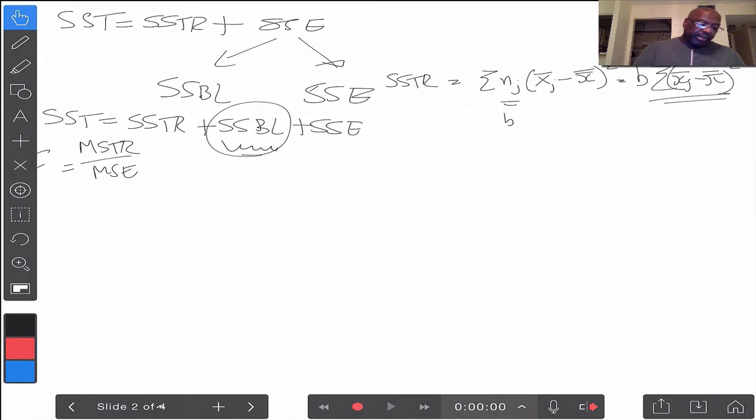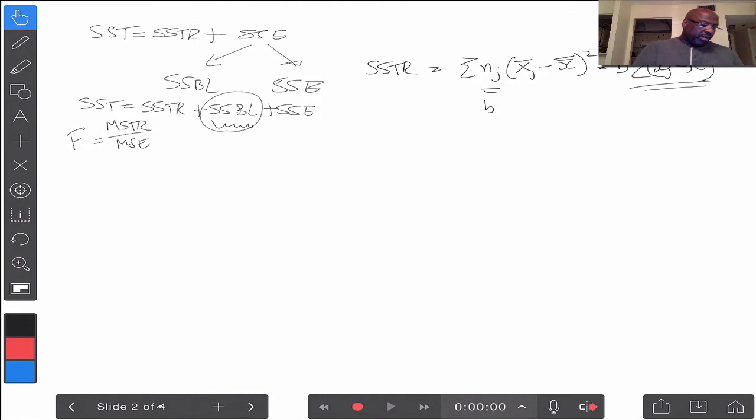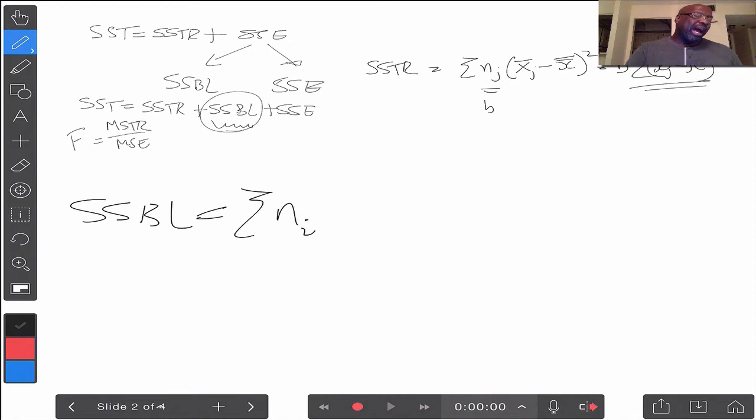So if we want the variation around the block, SSBL, what it would have been if we allowed the sample sizes to vary, it would have been the sum of NI. Why I? Because now I'm looking at the variation among the rows, not the columns like we did for treatments. And so it would be X bar I, which is the mean for that row, minus the grand mean, squared.